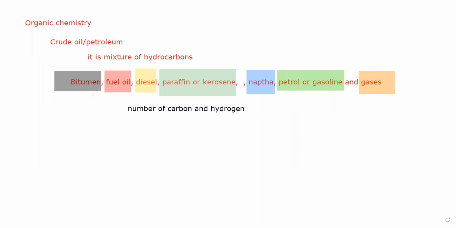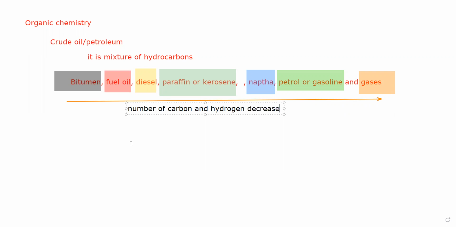So basically what happens, moving from bitumen to fuel oil, then to diesel, paraffin, kerosene, what we observe is that the number of carbon and hydrogen atoms present in the molecule will decrease. And what is the effect of the number of carbon and hydrogen present in the molecule?